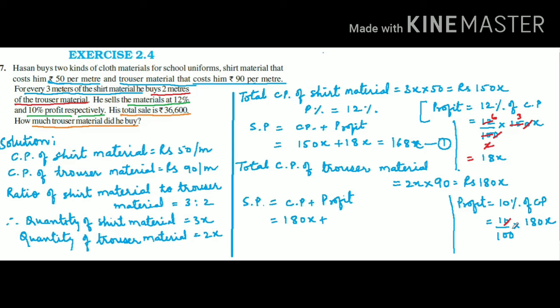We'll cancel 0 with 0, the second 0 with the upper second 0, and the profit will be 18x. We'll put the values. 18x plus 180x, total is 198x. This is also the second selling price for the trouser material. Number 2.